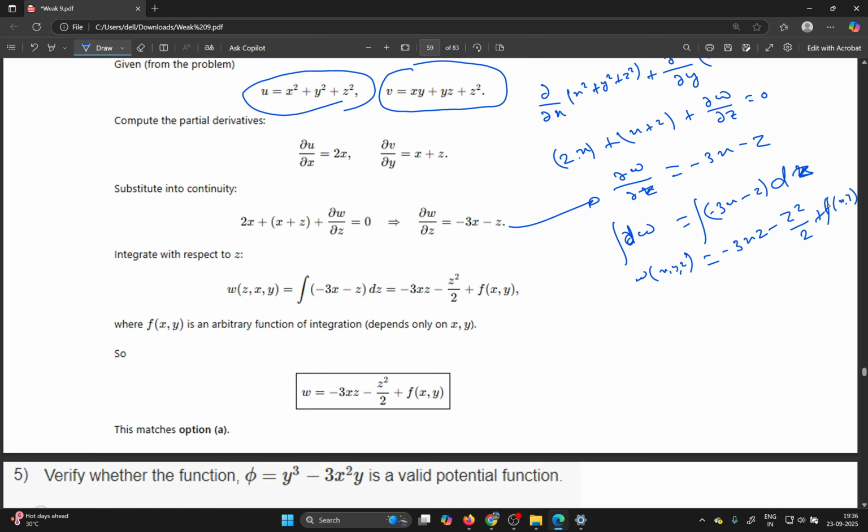Because if you integrate with respect to z, then z should not be there, only x and y. So now you can write very easily: your W is equal to minus 3xz minus z square by 2 plus f(x, y).